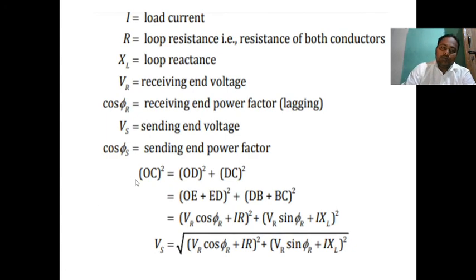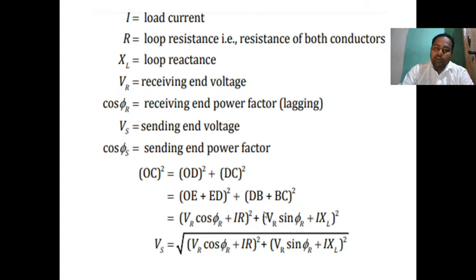So here OC square is equal to OD square plus DC square. What is the OD? OE plus ED. What is the DB? What is the BC? Substitute all the magnitudes. OE is nothing but VR cos phi r, that is the horizontal component. ED is directly the magnitude IR.